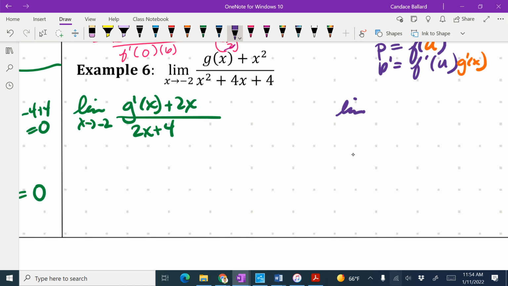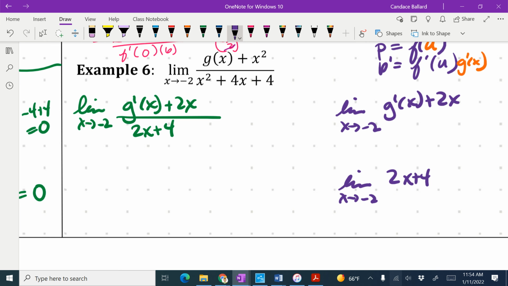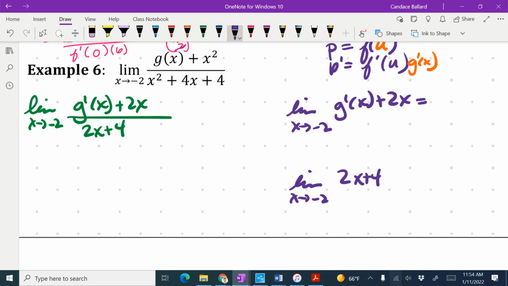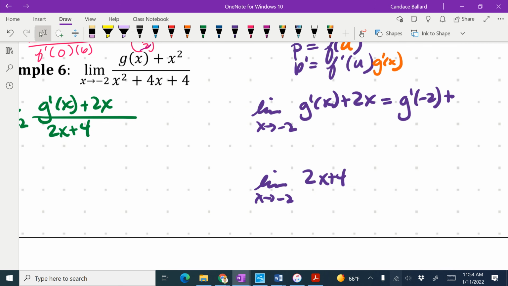So I'm going to do the limit as x approaches -2 of g prime of x plus 2x, and the limit as x approaches -2 of 2x plus 4. All right, we're going to direct substitute in. So I've got g prime of negative 2 plus, what's 2 times negative 2?